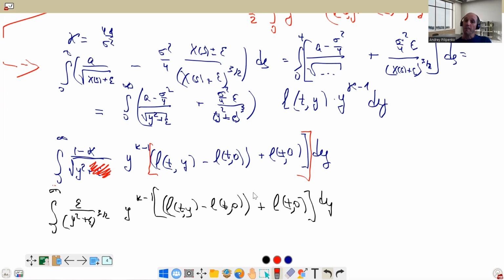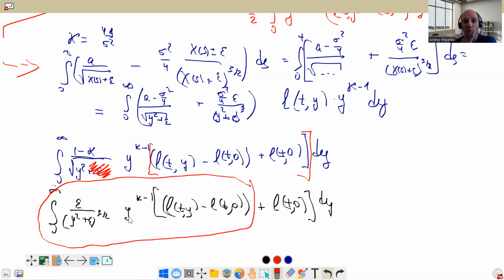Now, consider the limit of this. We have epsilon, and if y is positive, then this function converges to 0.